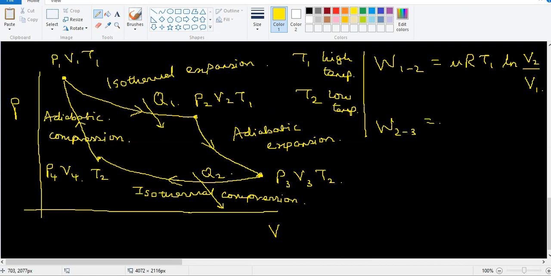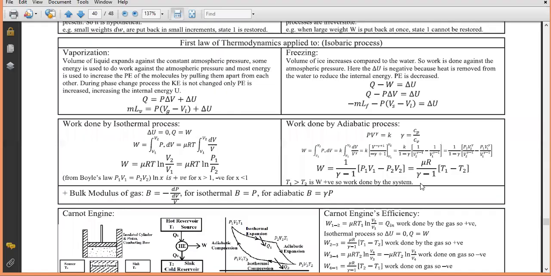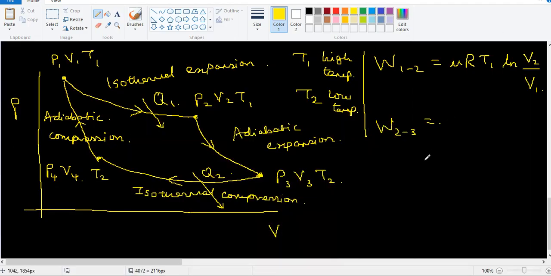So the adiabatic formula, we studied it as mu R by gamma minus 1, T1 minus T2. Because the temperature is dropping from T1 to T2, that will give me the work done.